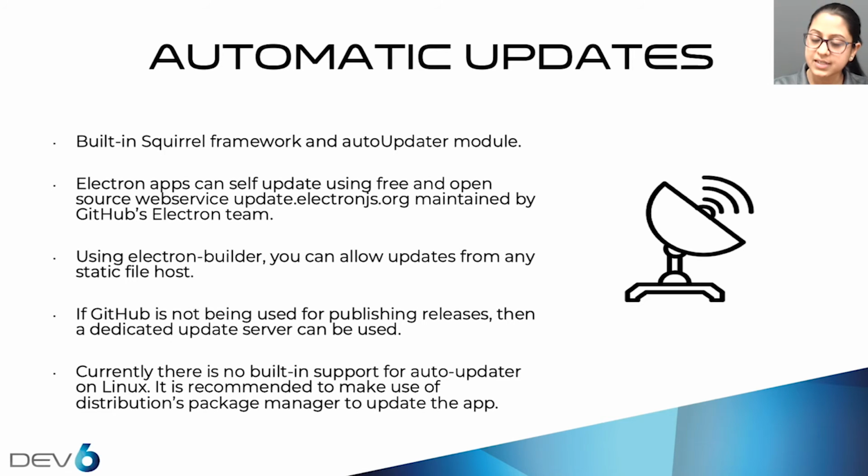You can use that and consume the auto update. If it's a private repo, there is another way of doing it. You can use your own dedicated server where you want to host the application. There are so many products out there, something like Hazel. I tried it. It's really easy to use. So depending upon the use case and scenarios, there are ways of hosting updates, and the Electron documentation covers them. They talk about all the use cases with good examples. So you are all sorted here.